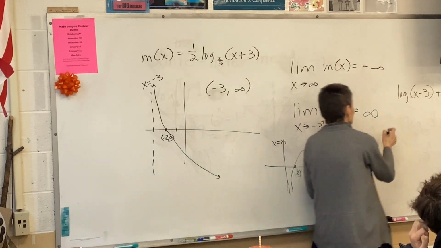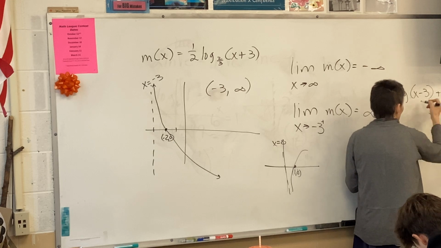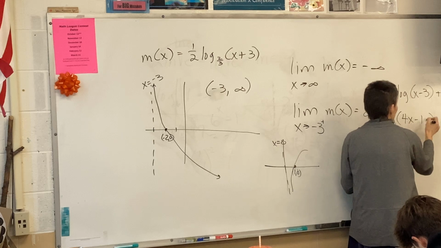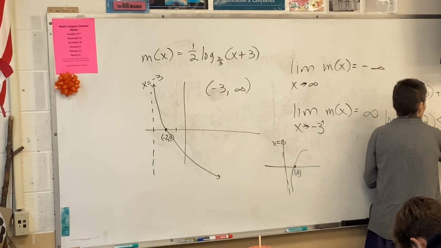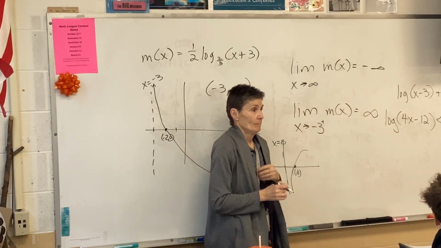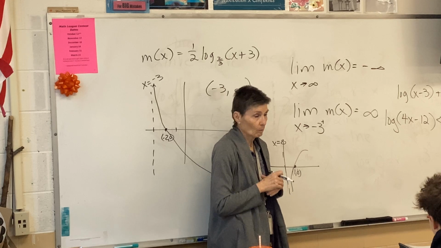Okay, so Alex says that because there's an addition here, log plus log, we're gonna end up multiplying those, so we're gonna have 4x minus 12. How's that? Is that all right? Now what?